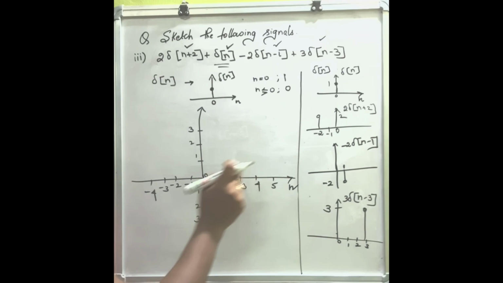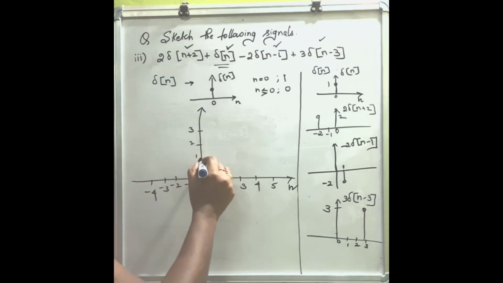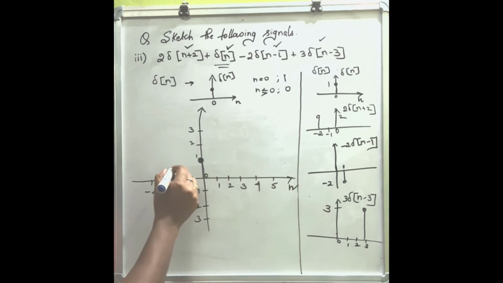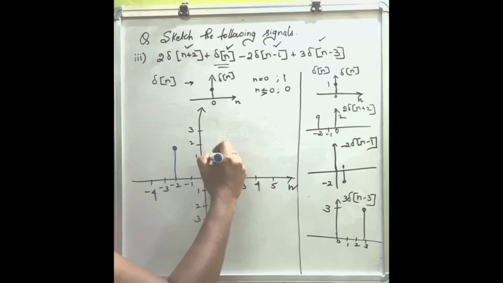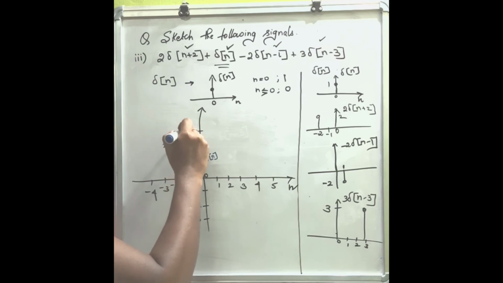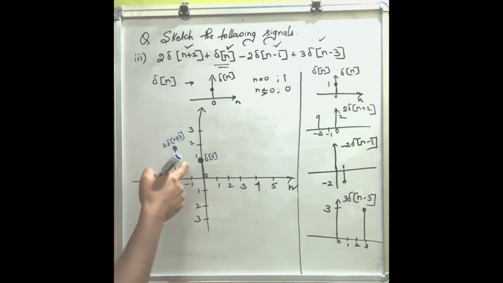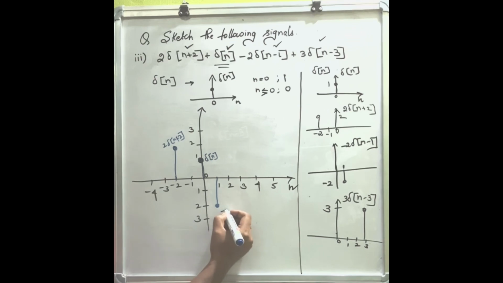The first signal, at 0, is 1. So this is your first signal, that is del of n. Second signal, 2 del of n plus 2, with amplitude 2 at minus 2. The third, at 1, is minus 2 del of n minus 1.